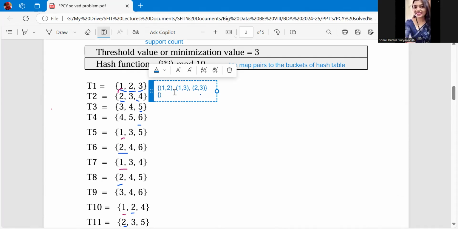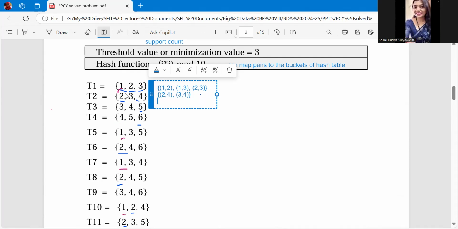So you're just going to write 2, comma 4 and next is 3, comma 4. That's it, right? So here I'm getting 2 pairs. Why are we not repeating? Because anyways we have to find their occurrence in the entire table, so it's common, right? The table is common, that's why we don't need to repeat it. Otherwise you'll have to repeatedly write the support count and repeatedly cancel it out if it is not a frequent item set. So no need to repeat it.